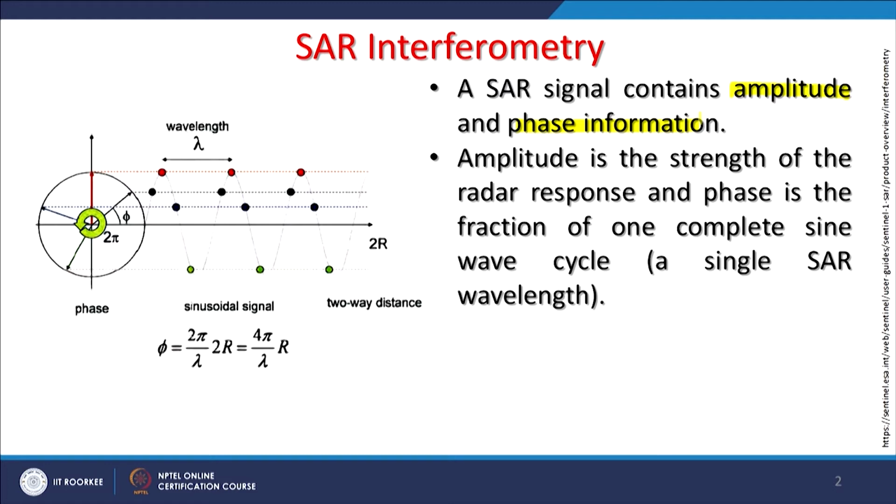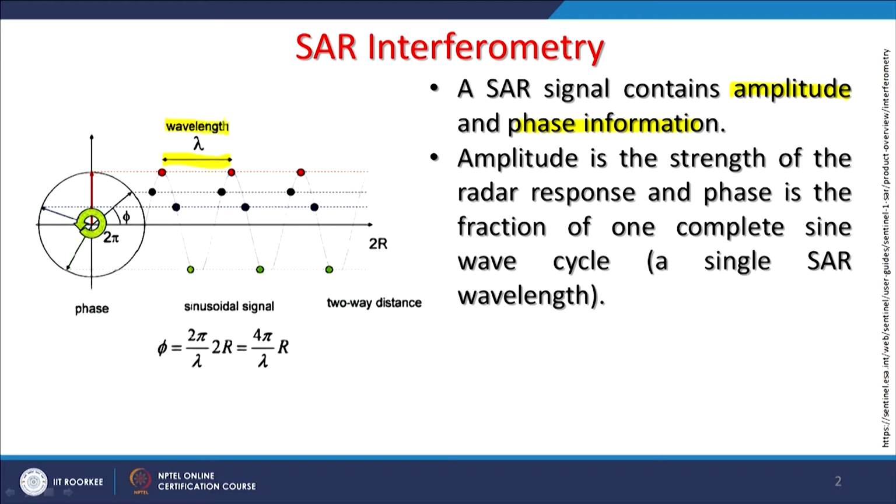and phase is the fraction of one complete sine wave, which we are seeing here, with the cycle as a single SAR wavelength. So, when one complete sine wave is there, that becomes our wavelength.